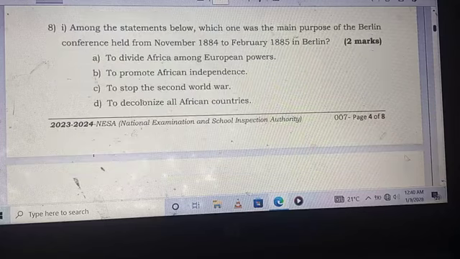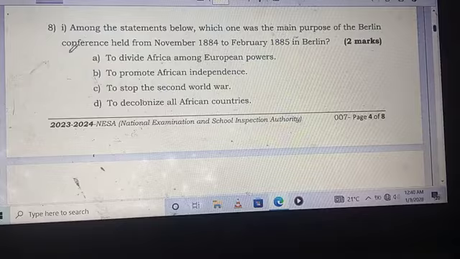Question 8I. Among the statements below, which one was the main purpose of the Berlin Conference held from November 1884 to February 1885 in Berlin? Choose the best option.